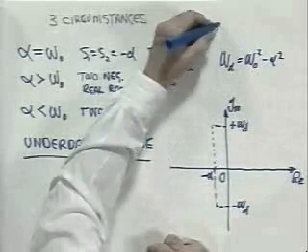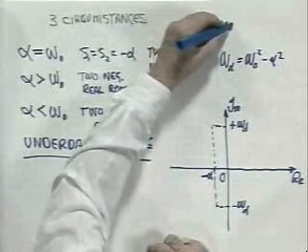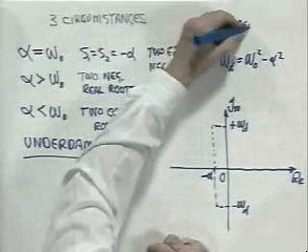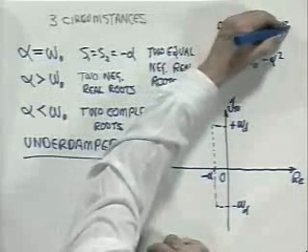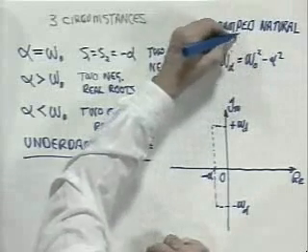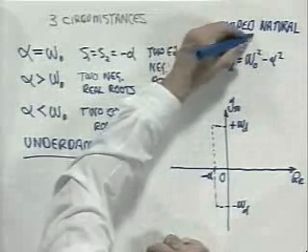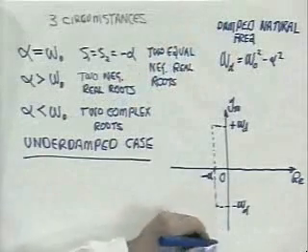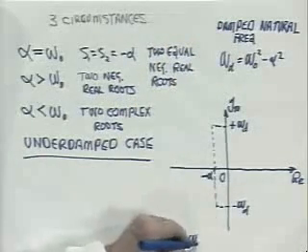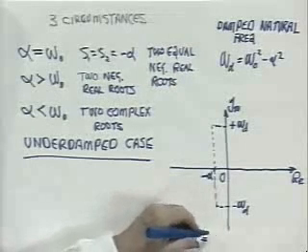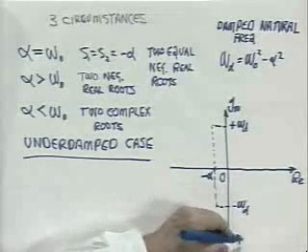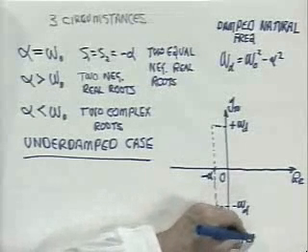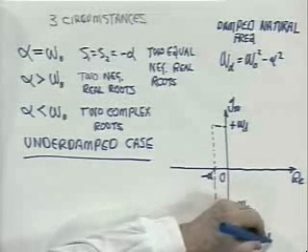And this is referred to as the damped natural frequency, in contrast with omega naught, which is the undamped natural frequency.